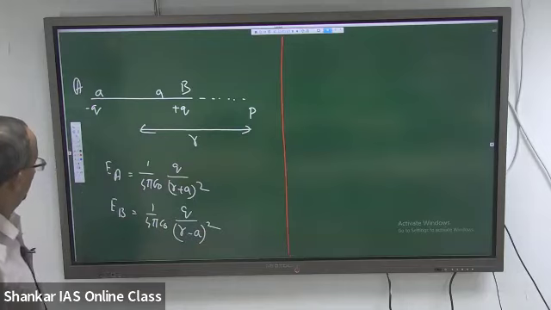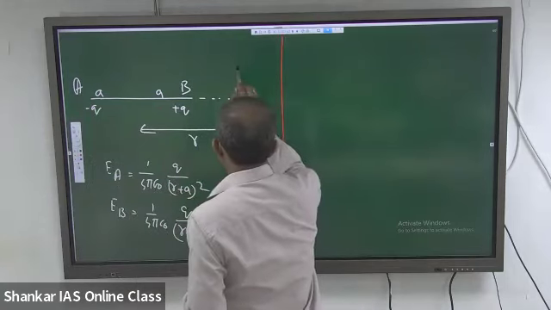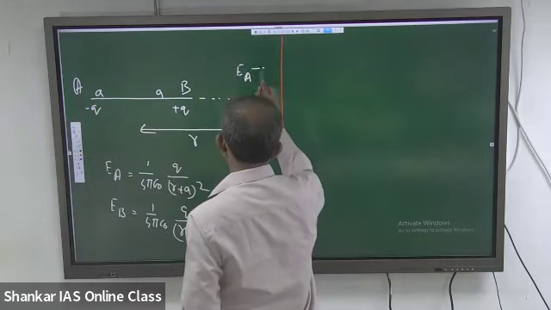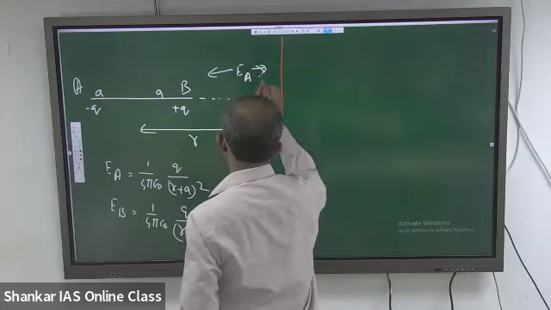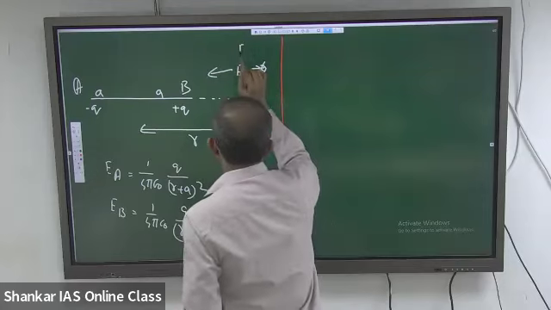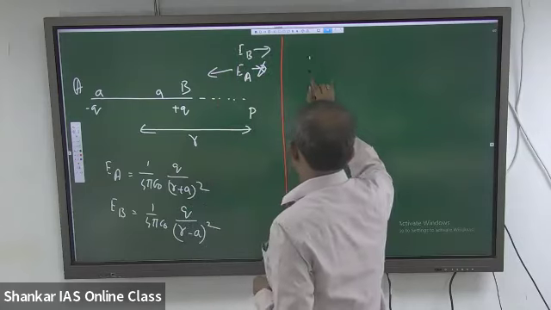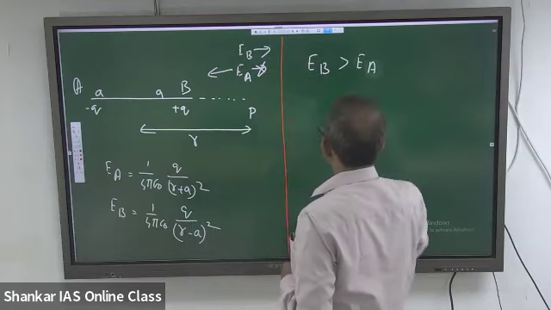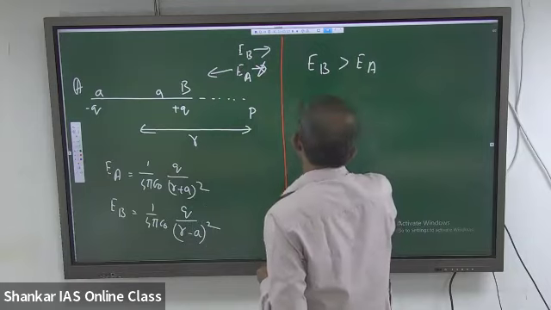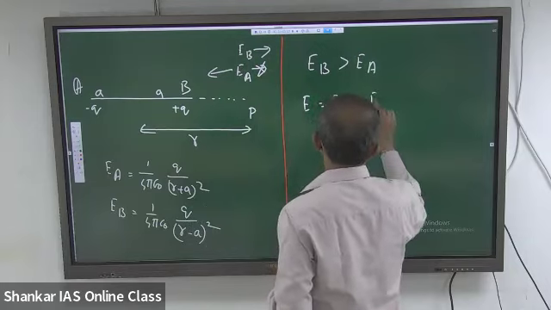Now EA and EB we got. EA is in this direction, and EB is in the opposite direction. EB is greater than EA. Now, total electric field E equals EB minus EA.